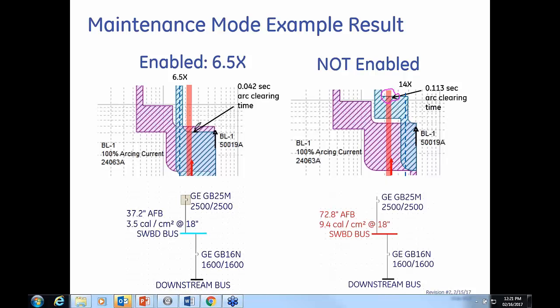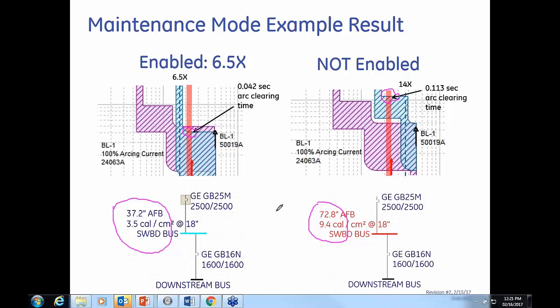Over on the left-hand side, I'm now clearing at the instantaneous speed of the breaker, which is typically going to be 50 milliseconds or less. In this particular case, it happens to be 42 milliseconds. So I've obviously cleared the arcing current faster, and I get the corresponding decrease going from 9.4 to 3.5 calories per centimeter squared.